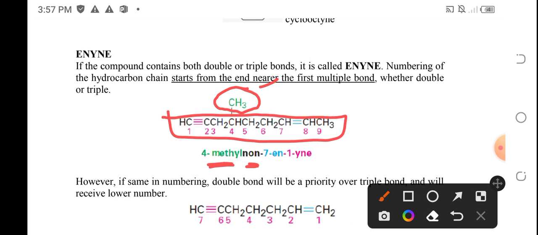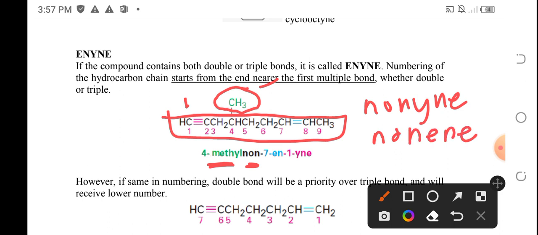Kung walang double bond at triple bond lang siya, non-9 sana siya, di ba? Non-9. Kung walang triple bond naman at double bond lang sana naman, nonin sana. Okay? However, dahil sa merong double bond at triple bond, okay, pagmimixin natin.